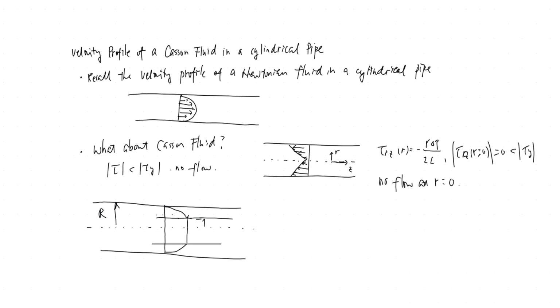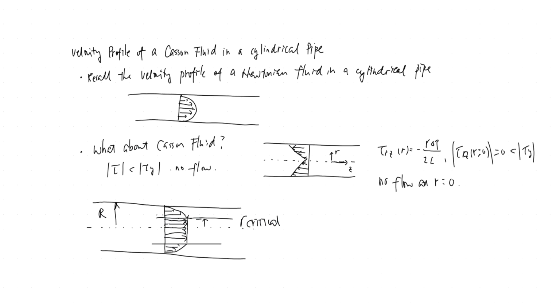We call this R critical. When R is less than R critical, there's no relative fluid motion. It looks more uniform, and you only start to develop relative fluid motion outside of this region.